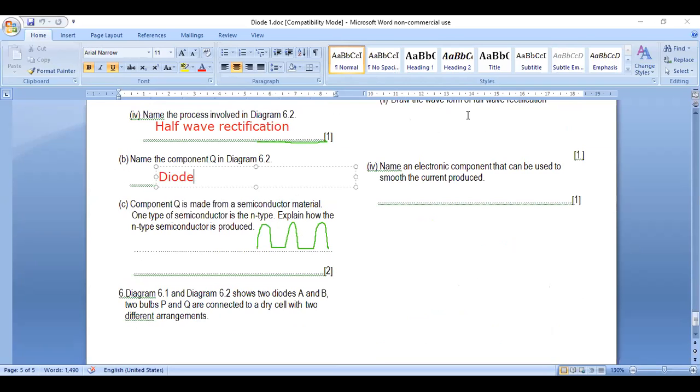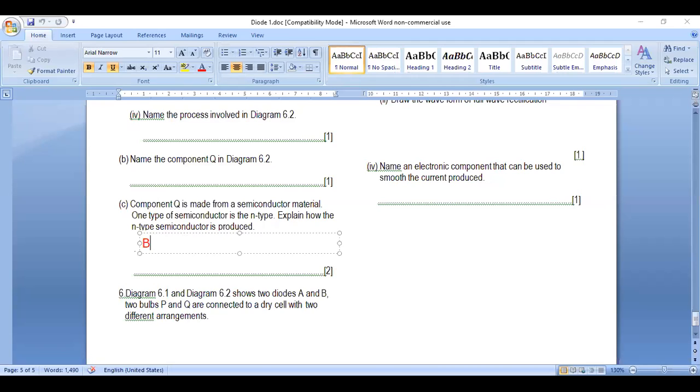Explain how N-type semiconductor is produced. You can say by doping, adding pentavalent atom into semiconductor. You no need to name what type of pentavalent atom. Just say by adding some pentavalent atom into semiconductor, so that.